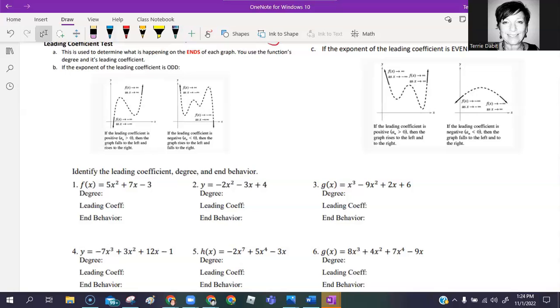Okay, let's begin. My degree is even, it's 2. My leading coefficient is 5. And so therefore, for number 1, I'm going to head over here to this one.